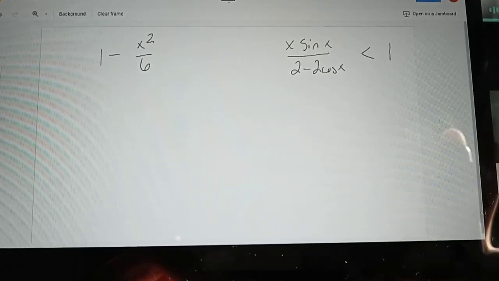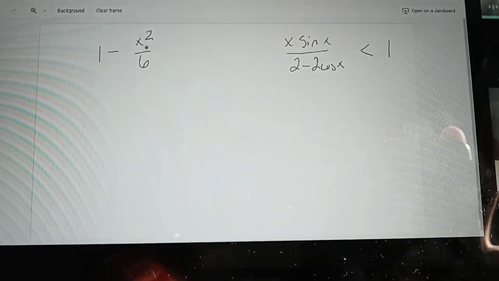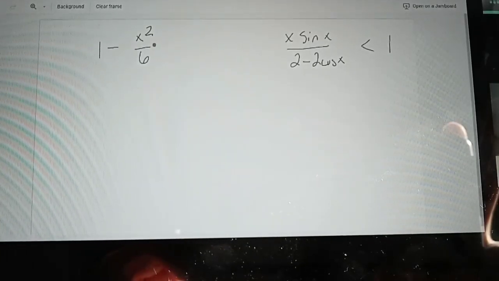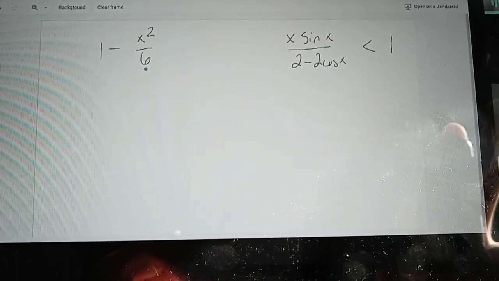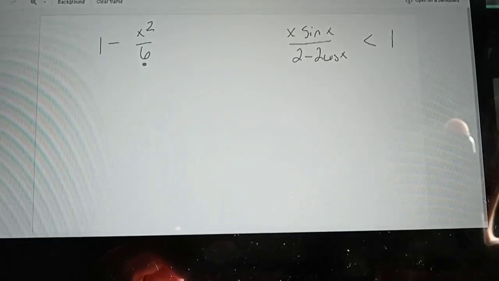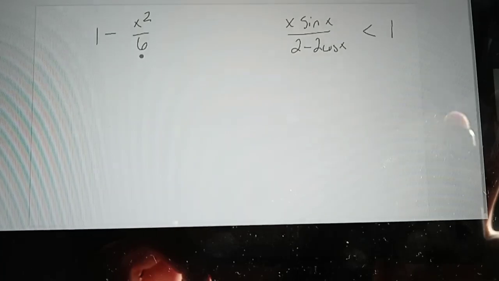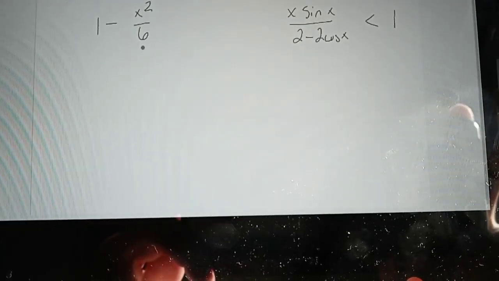Okay, so when you think about doing the limit as x approaches 0 of this, it's 1. Oh, this is really dumb.